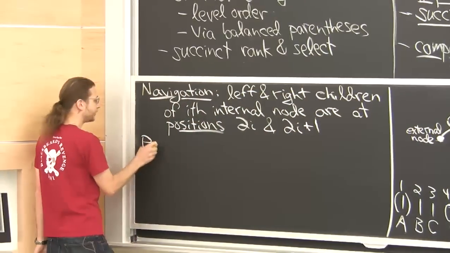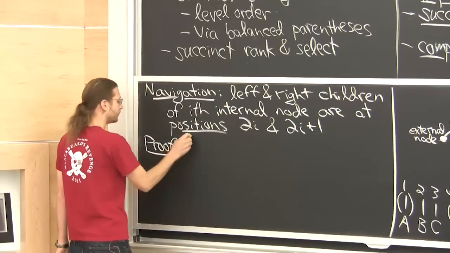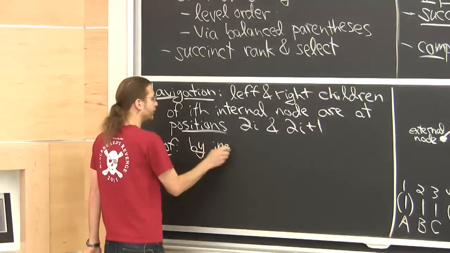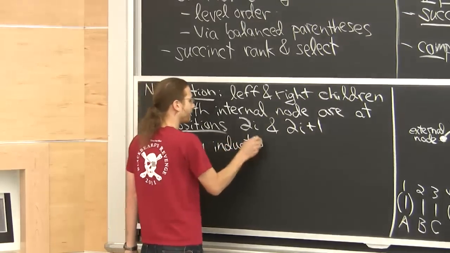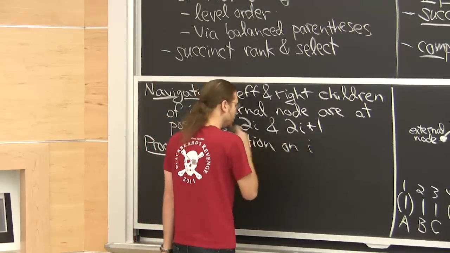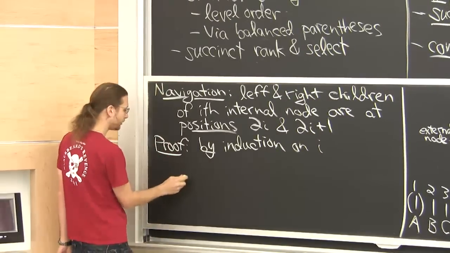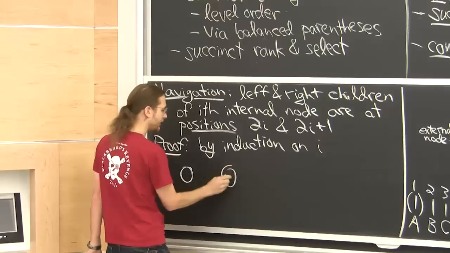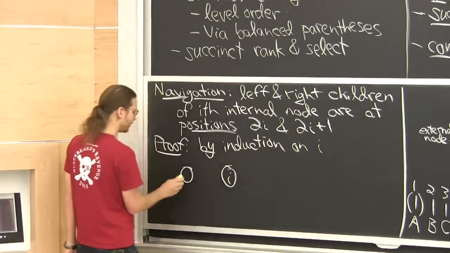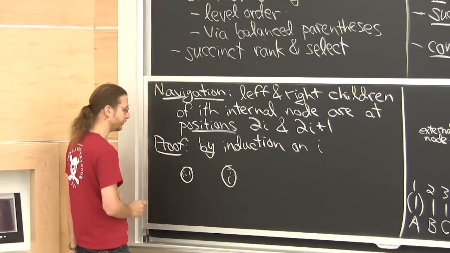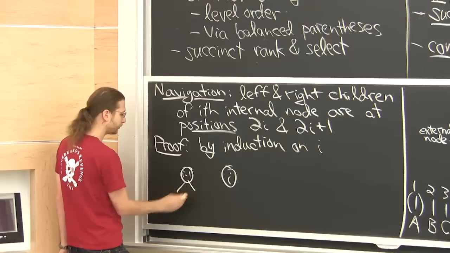You can prove it pretty easily by induction on i. So the idea is, well, if you look at, let's say, the ith internal node, and the i minus first internal node, this one has 2 children.